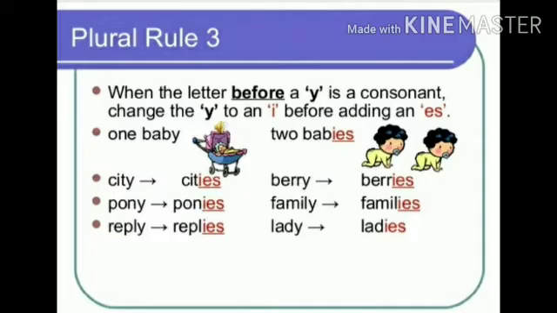As you can see children, in the words city, pony, reply, berry, family, lady, in all the words there are consonants before y. So we are changing the y into i first and then we are adding es in order to change the singular into a plural noun.